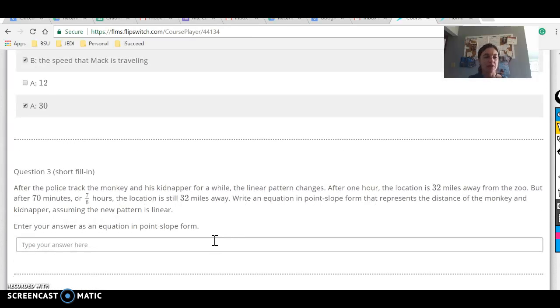Okay, so after the police track the monkey and his kidnapper for a while, the linear pattern changes. After 1 hour, the location is 32 miles away from the zoo. But after 70 minutes, or 7/6 of an hour, the location is still 32 miles away. So now we're in a new scenario here.